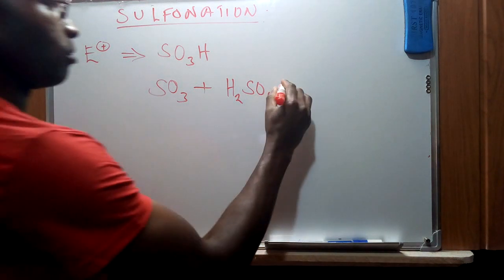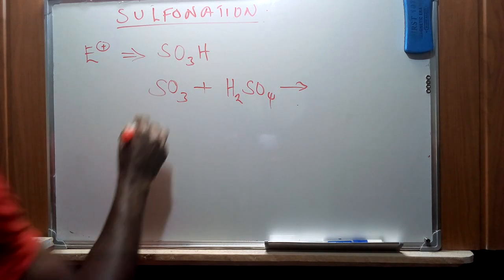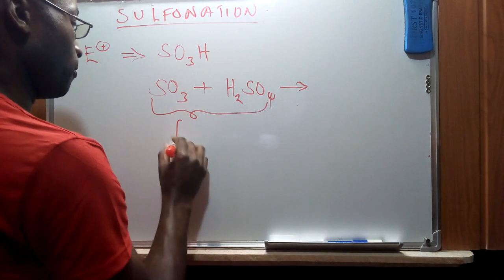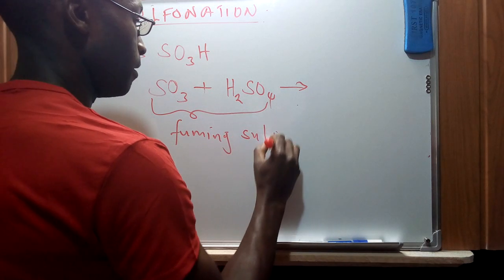We're going to look at the reaction mechanism leading to the formation of that electrophile, and then proceed to see how the sulfonation reaction takes place. The mixture of these two reactants is known as fuming sulfuric acid.